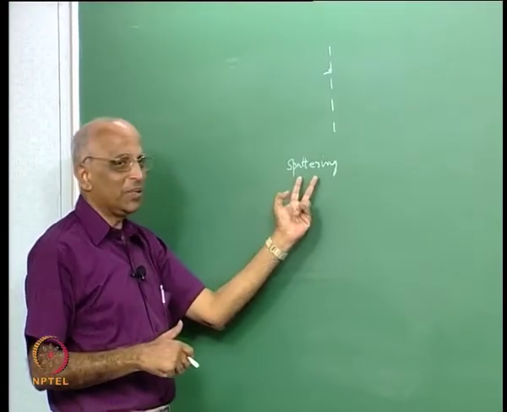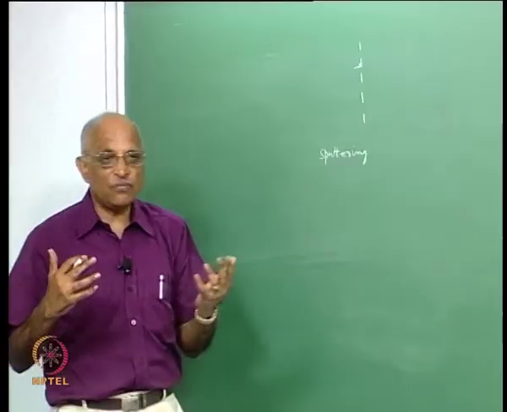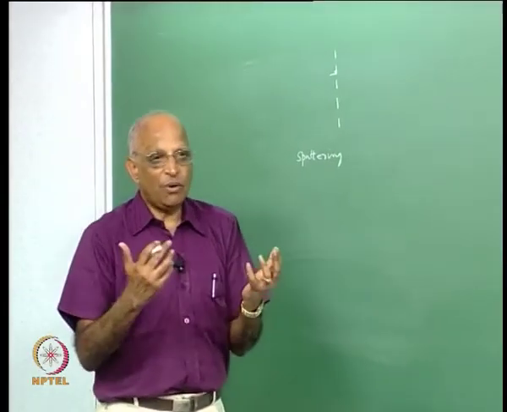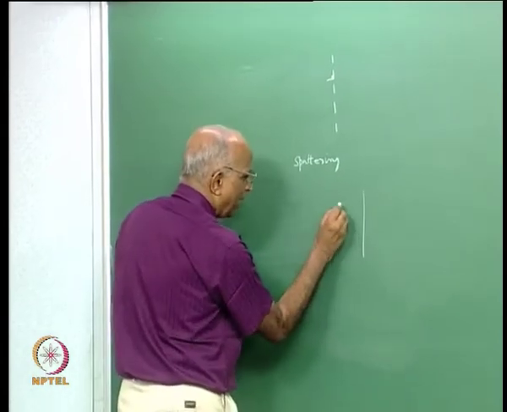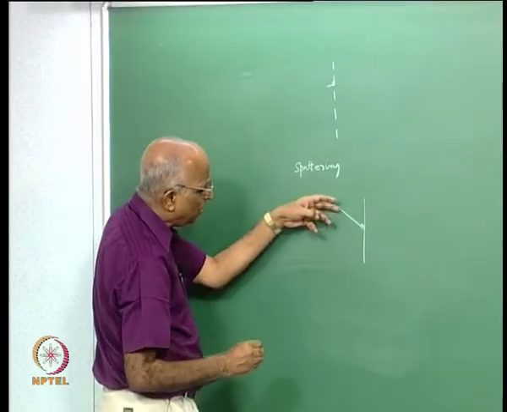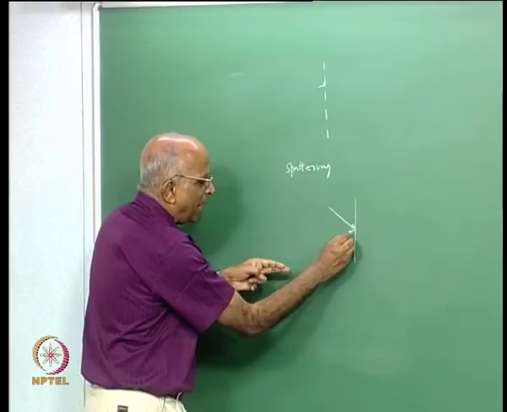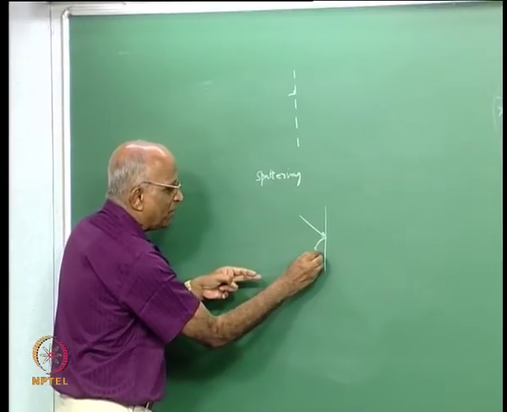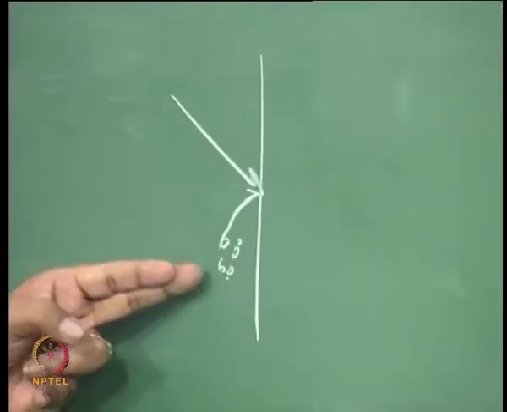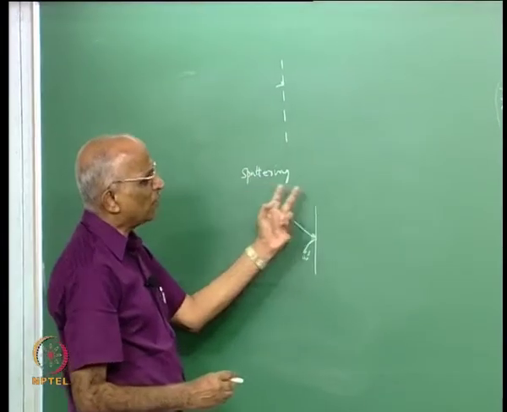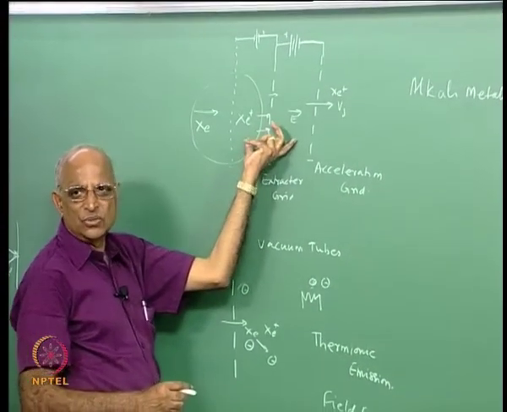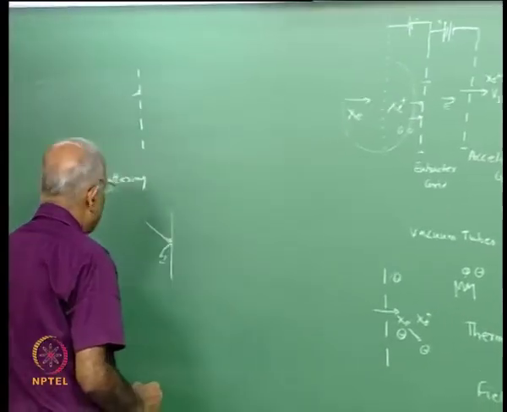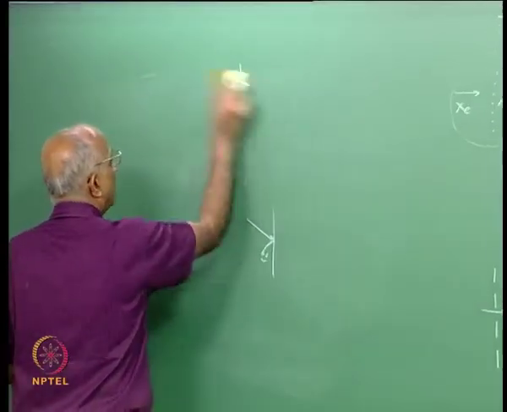I think we must remember this word sputtering, because when we talk of nanomaterials, one way of making nanomaterials is, I take a material, I allow high velocity charges to come on it, and I generate very fine particulates, which are nanoparticles. Therefore, the sputtering erodes the thruster and the lifetime of the thruster reduces. Therefore, one problem I can immediately say is the problem of sputtering.